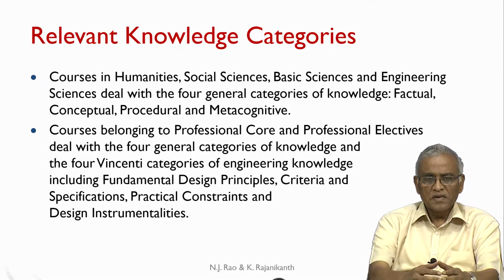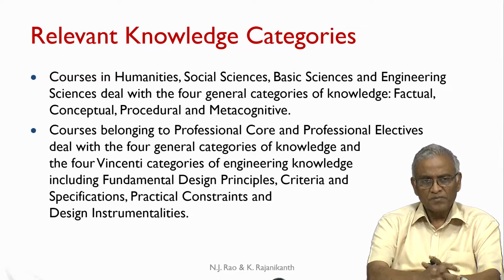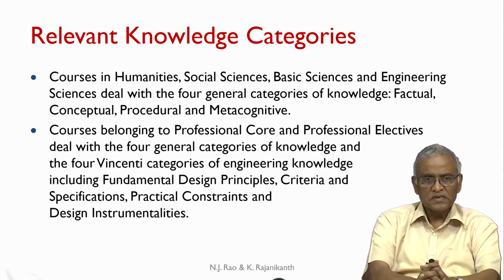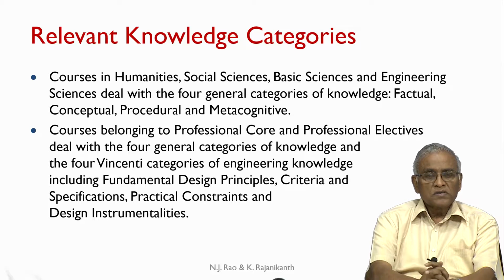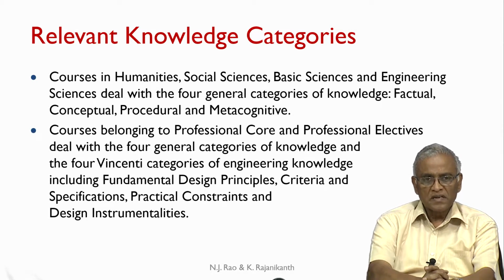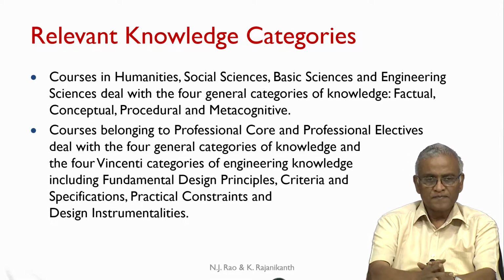Broadly we need to divide the courses into two categories in another way based on the knowledge categories. Courses in humanities, social sciences, basic sciences and engineering sciences deal with the 4 general categories of knowledge, namely factual, conceptual, procedural and metacognitive.